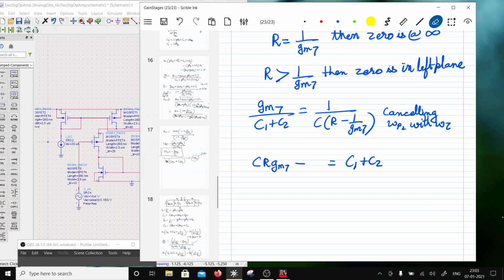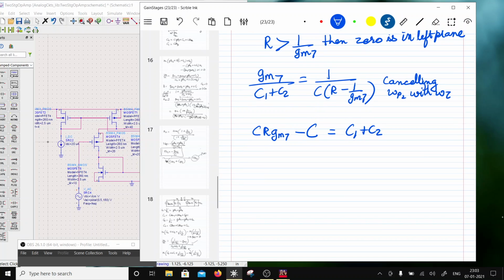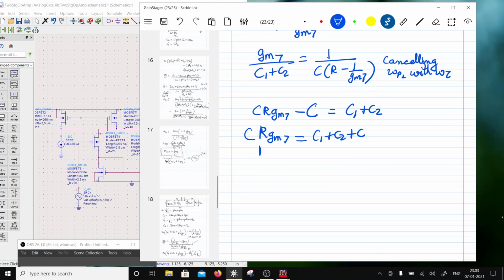So the first term is going to be C R gm7, the second term is going to be C over gm7, so it will be just C. Okay, so now I have R gm7 C is equal to C1 plus C2 plus C. Then if I divide R by gm7, just one second.